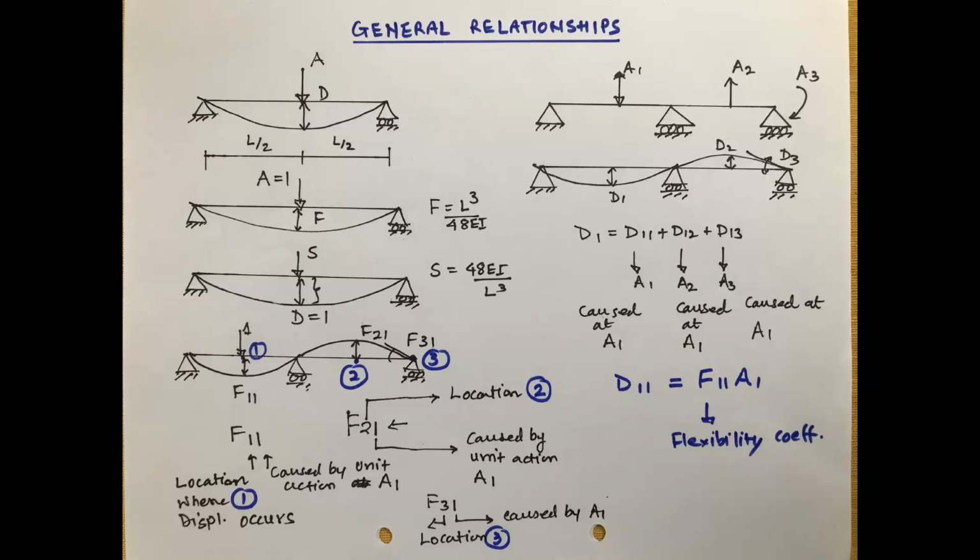By applying a unit force. The famous equation for the center deflection of a simply supported beam is delta equal to PL cube by 48 EI. When you make P equal to 1, you get the deflection.